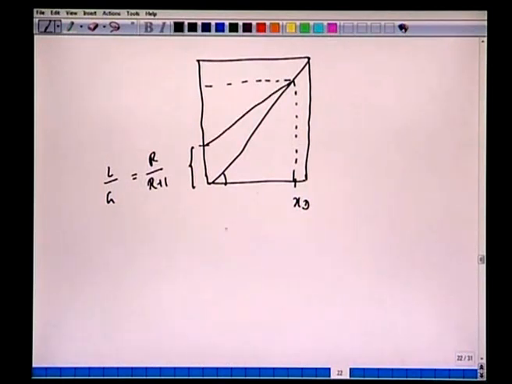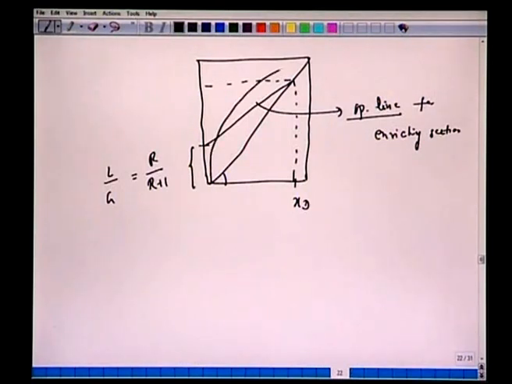This will become the operating line for the rectifying section. And we have this equilibrium curve.